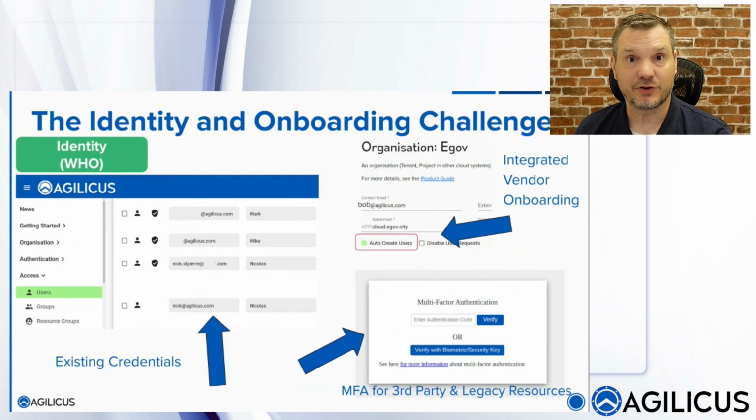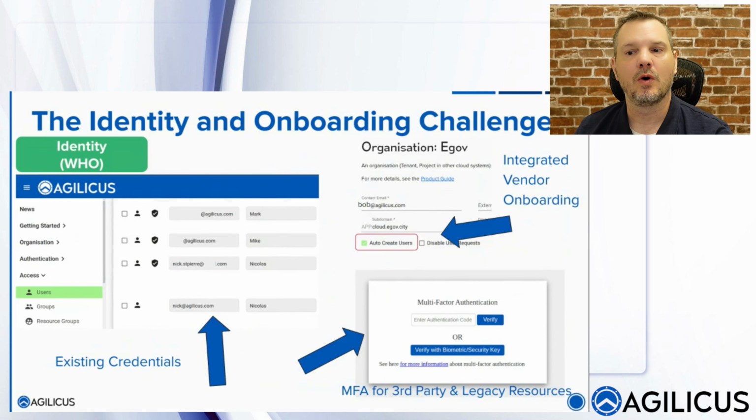I can integrate my vendor onboarding, such as whenever a new employee for that vendor domain signs up into our portal, they're automatically created, and they can optionally automatically inherit the resources and permissions that are necessary for their role and task within my public water system. I also want to implement multi-factor.